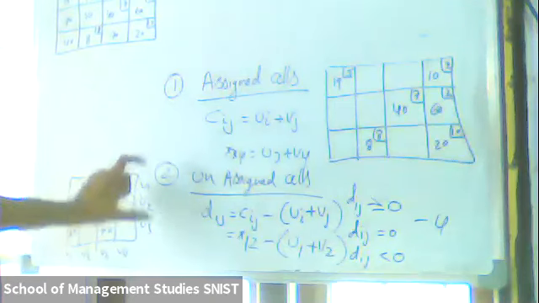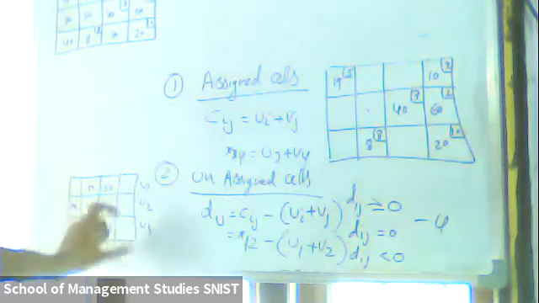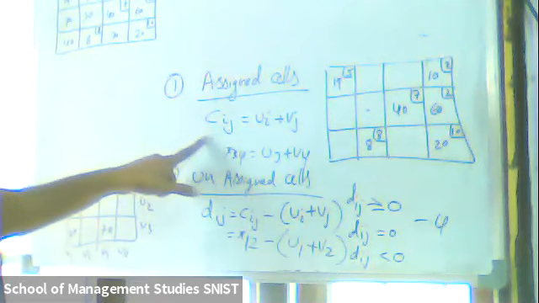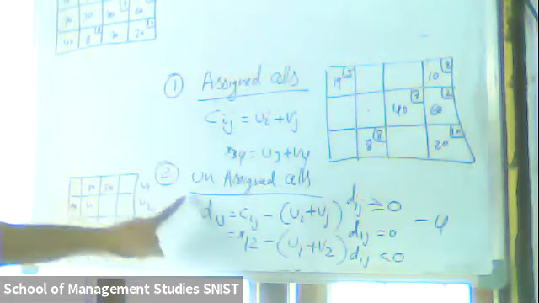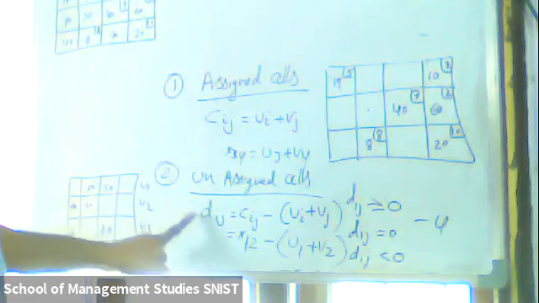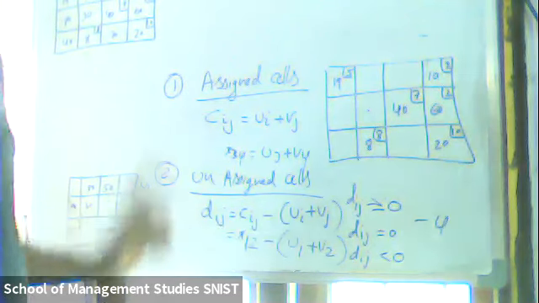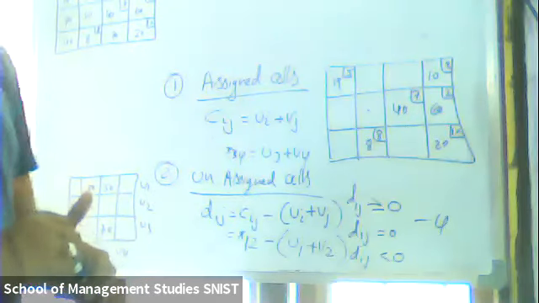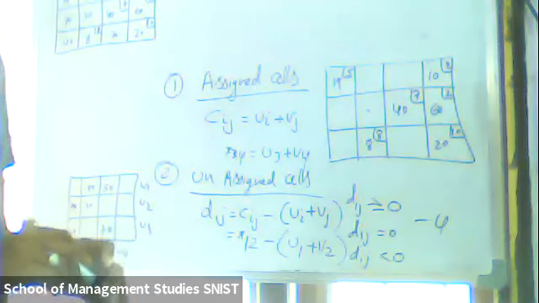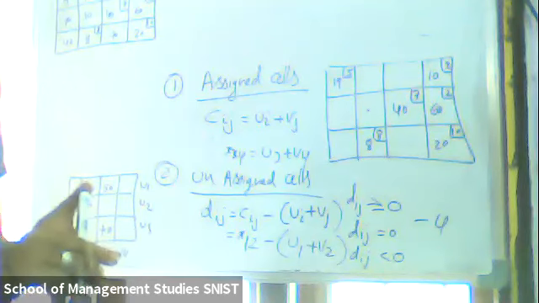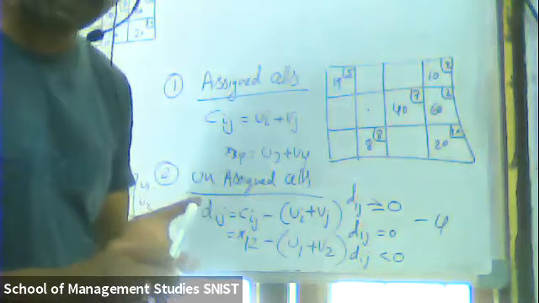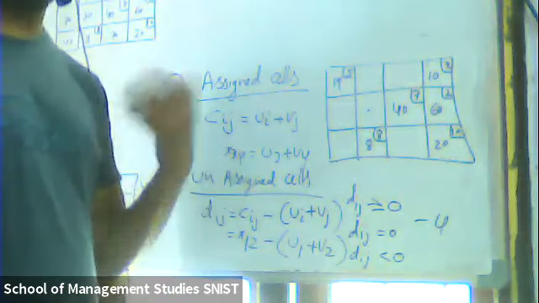Now see, first you took the assigned cells and calculated U1, U2, U3, V1, V2, V3, V4 values using Cij equals Ui plus Vj. Then you calculated the unassigned cells, Dij equals Cij minus (Ui plus Vj). Then what is the condition? All Dij values should be greater than or equal to 0. If any one Dij value is negative, then there is a further procedure.